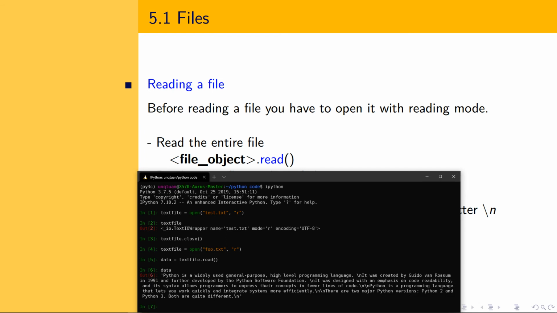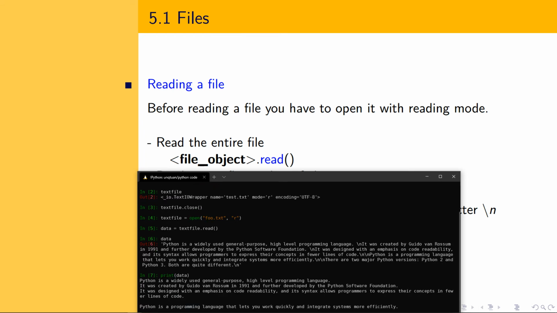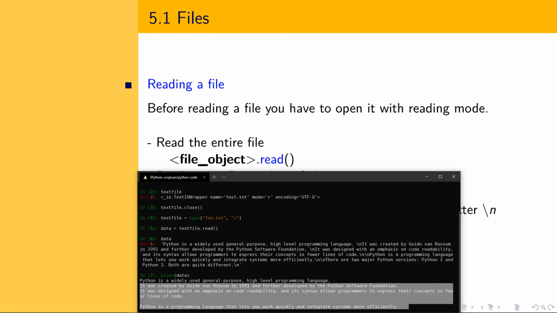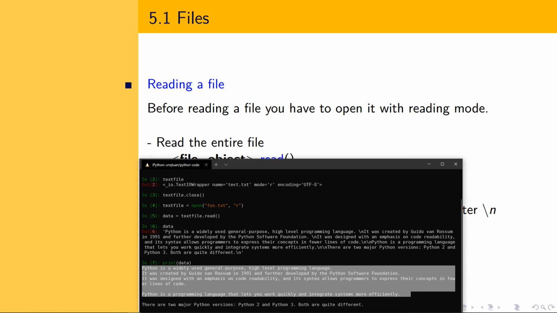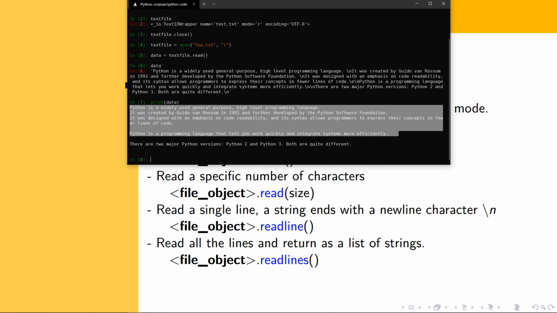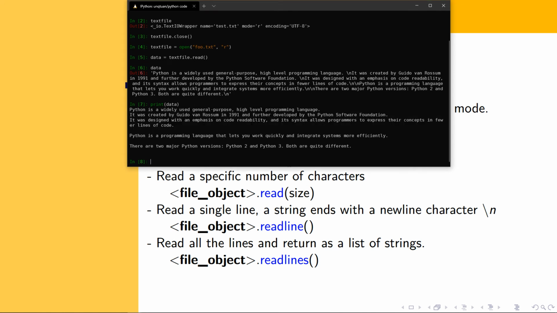So you will see that here the data is a string. You can print it out on the screen, and you will see it more clearly. It prints out the content of the string of the file here. You see.